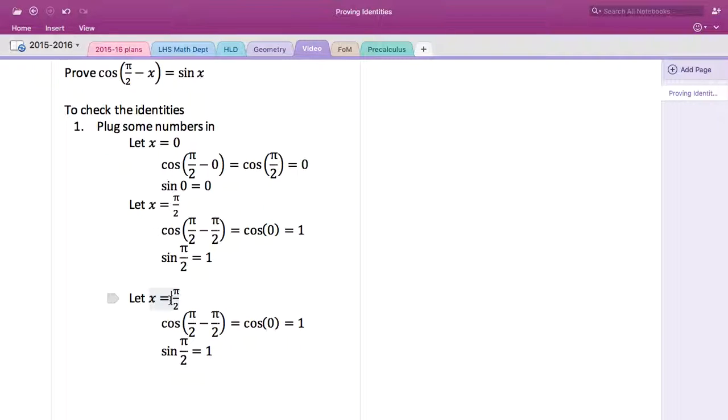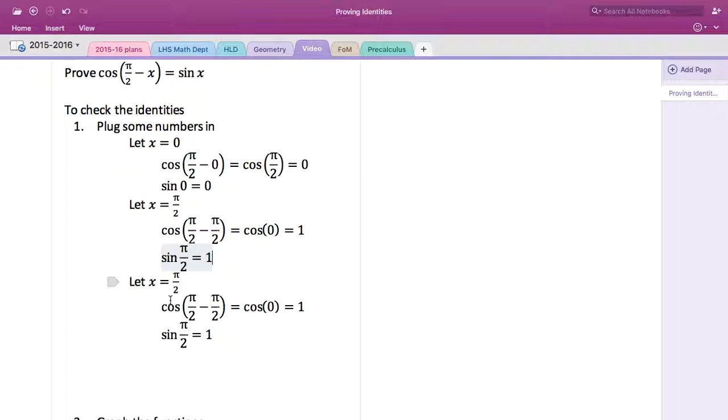So let's plug in another one to be a little more confident. So far the equation looks identical, but I want to be more confident. How about pi?